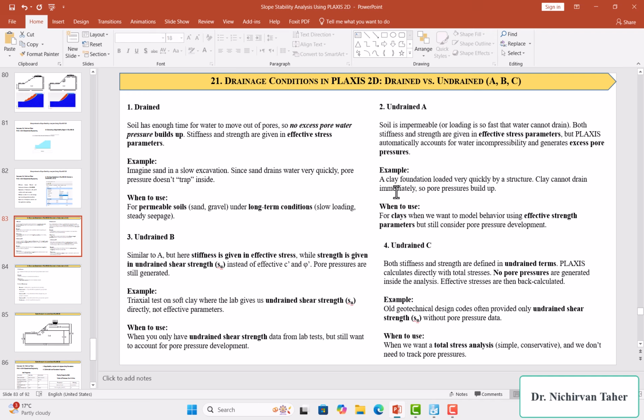For example, when we have a clay foundation loaded very quickly by a structure, the clay cannot drain immediately because the permeability of clay is low compared to sand or gravel. So in this situation, pore pressure builds up.